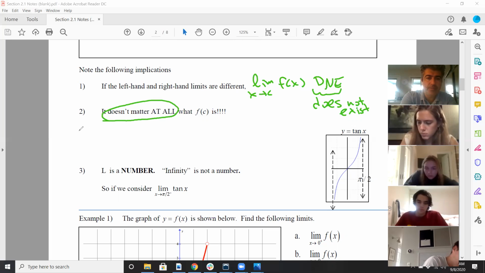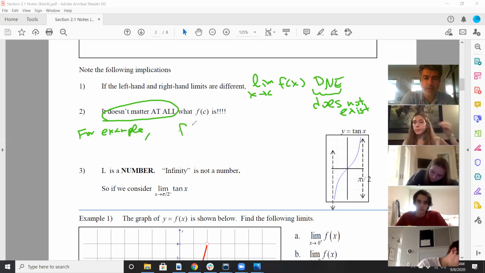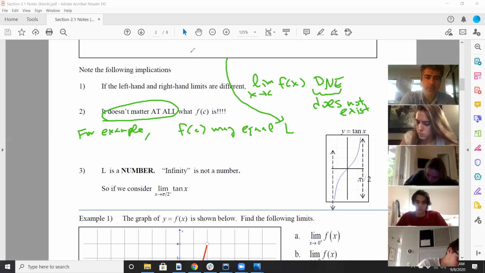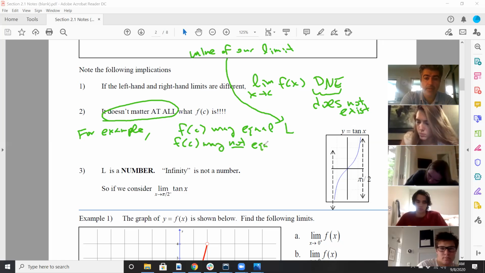So for example, f of c may equal L. Remember, L was the value of our limit. f of c may not equal L. Or f of c may not exist at all.